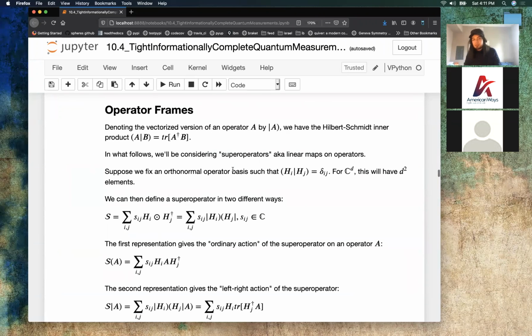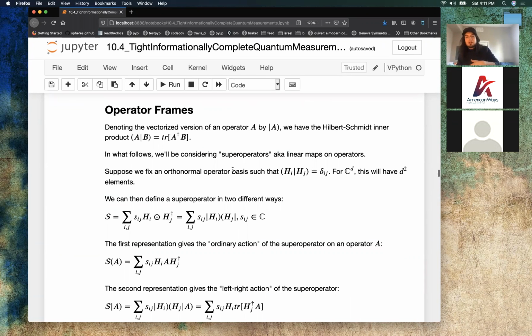Okay. So now we're going to think about another concept, which is an operator frame. Before, we were discussing vector frames, and now we're going to generalize that notion to operators.